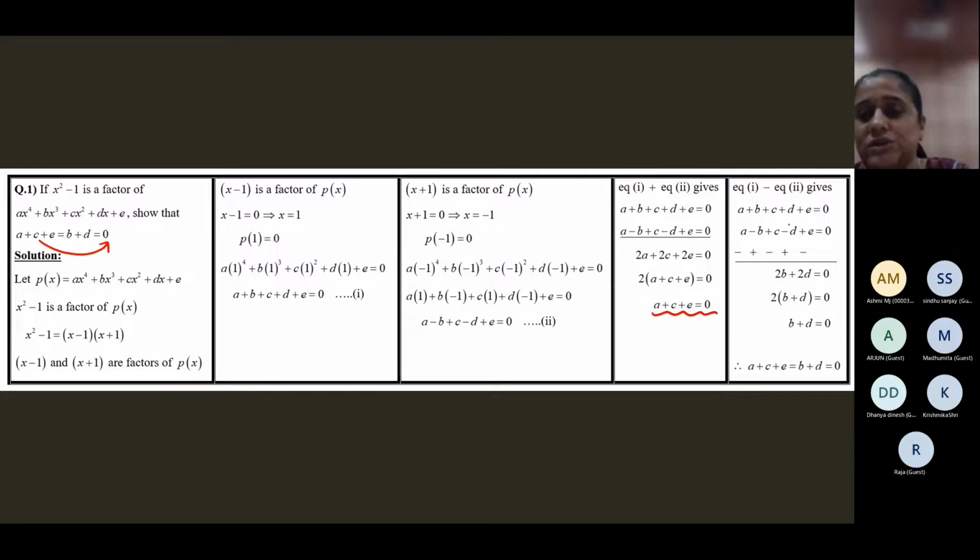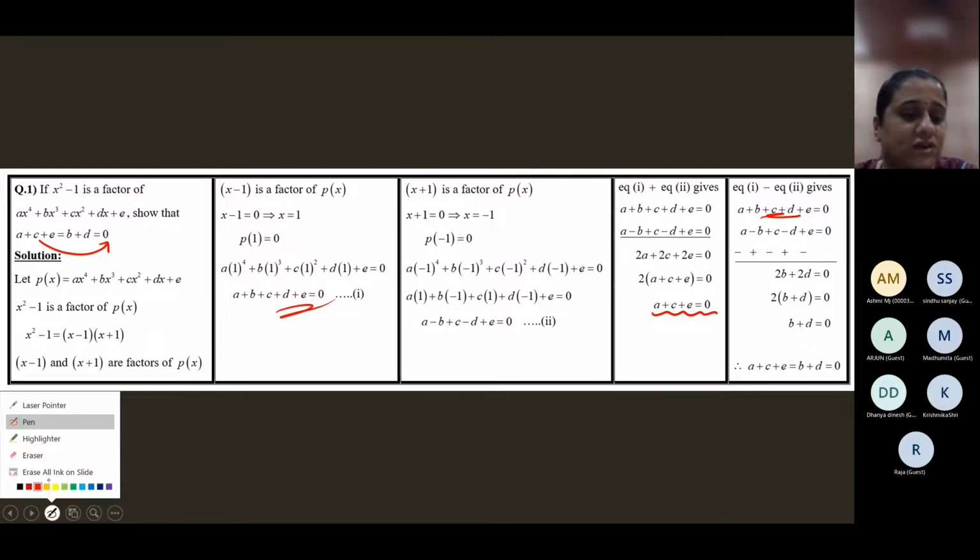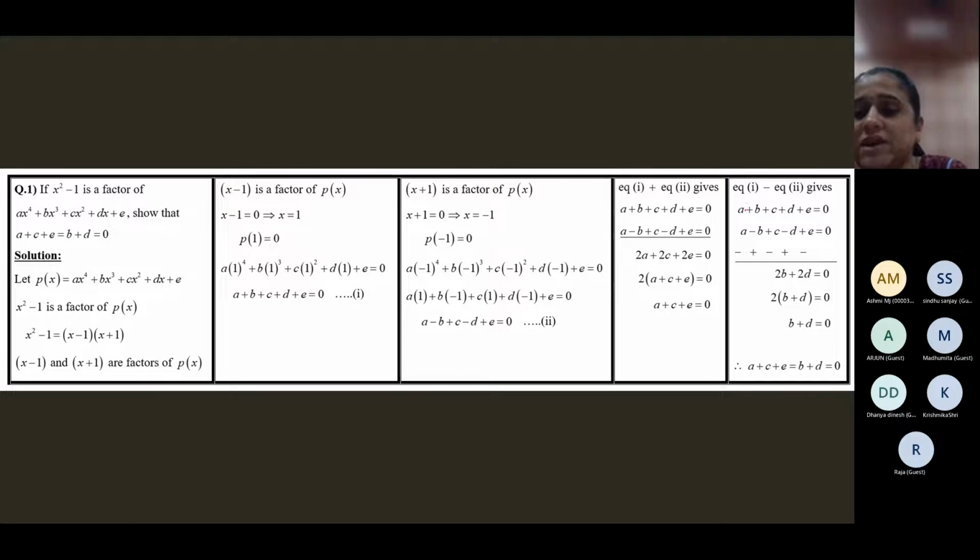Now, subtract the two equations. Write the first equation, write the second equation, and change the signs. When you change the signs in the second equation, you're subtracting the two equations. On changing the signs and simplifying, we get: a minus a cancels.